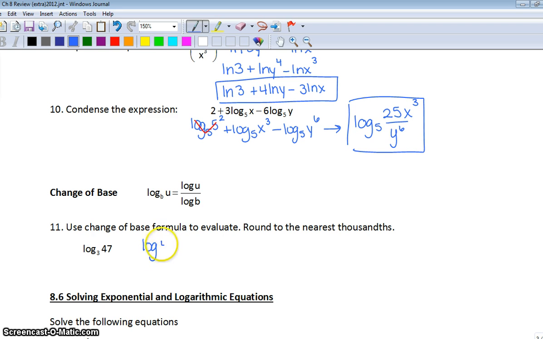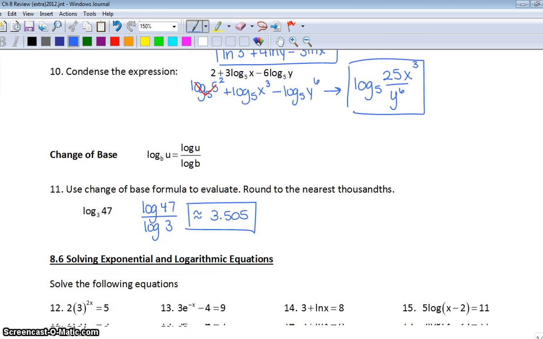So we get log of 47 divided by log of 3. Don't try to simplify this, just enter this in your calculator, and you get about 3.505. As I said in the last video, make sure that you're doing this on your own as well. You're entering these numbers into your calculator so that you know how to get 3.505 as well.